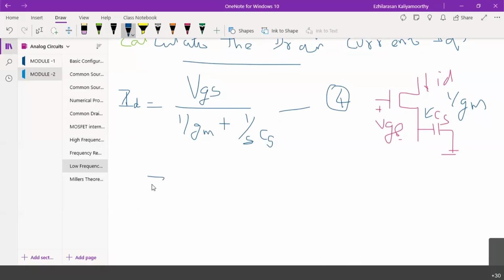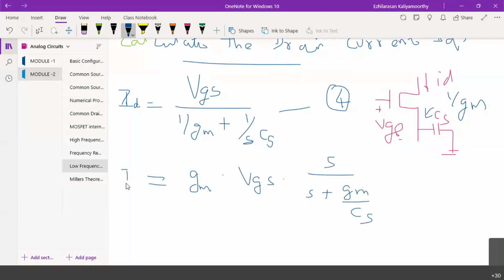Now just to simplify this, take the LCM and simplify. Finally, when you do the simplification, we'll get Gm into VGS into S divided by S plus Gm divided by CS.